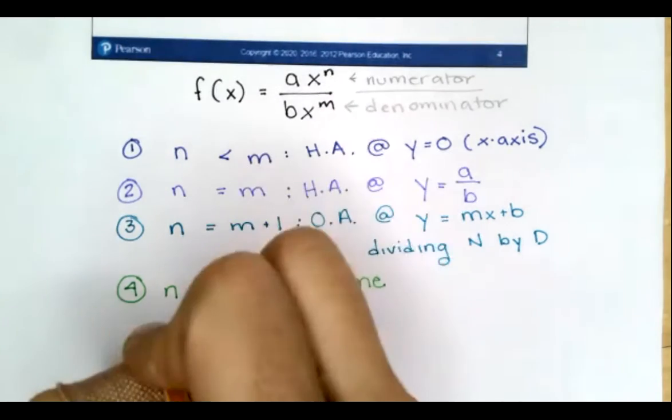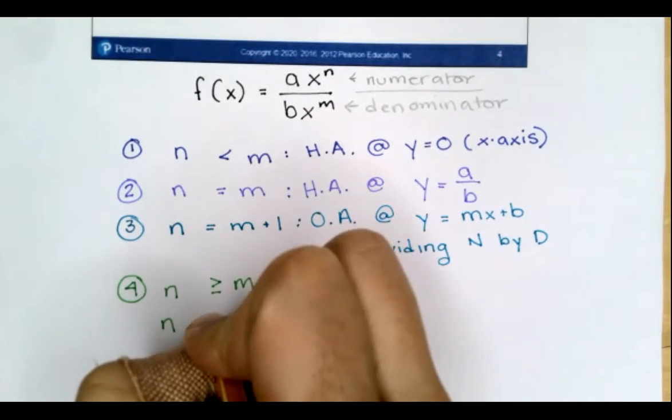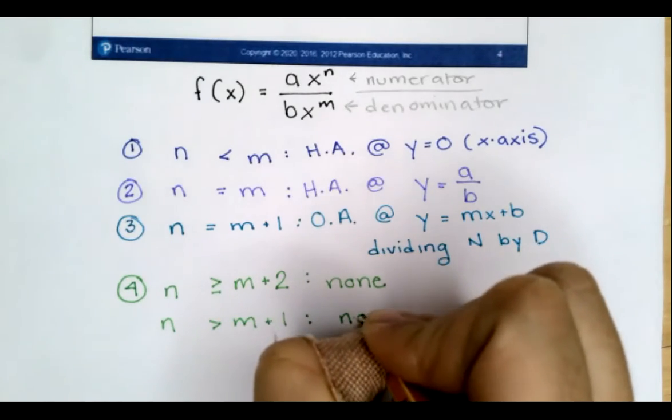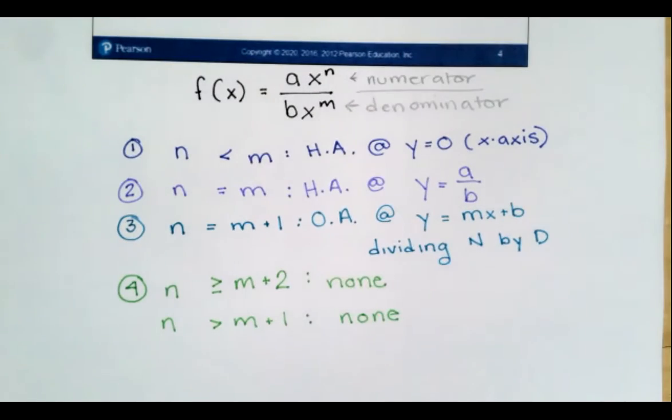You could even write this as if n is greater than m plus 1, none, if that makes more sense to you. All right, so make sure that that is written down. That is what you need to know about horizontal and oblique asymptotes.